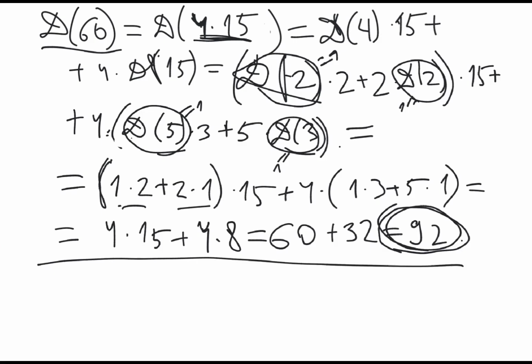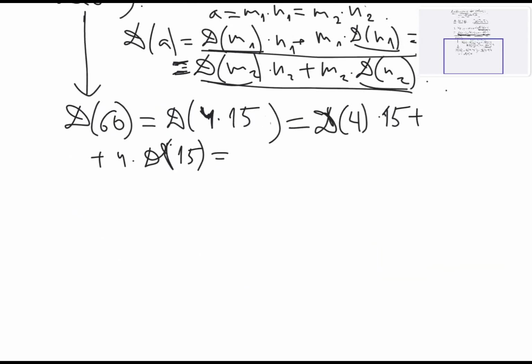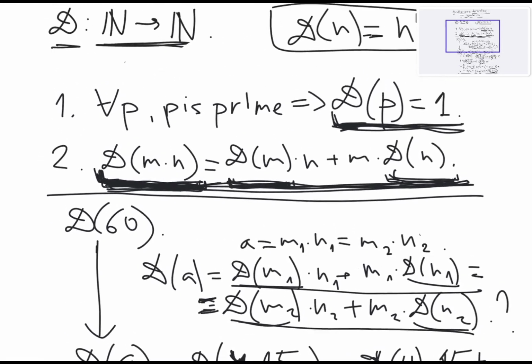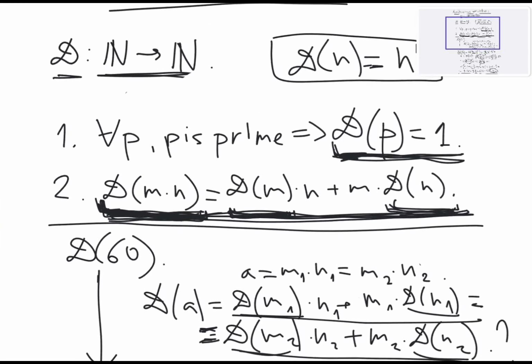So first, like as already mentioned, these two rules define the function uniquely. So like the function is fully defined by these two rules. So there is no ambiguity, because like we can always expand the number to a smaller number.